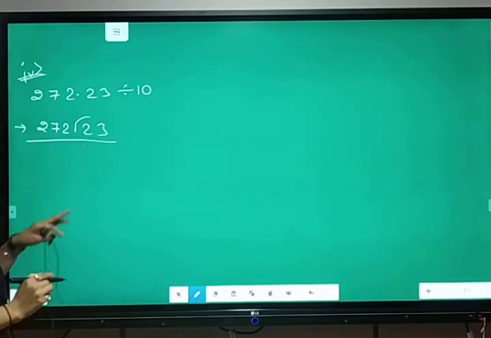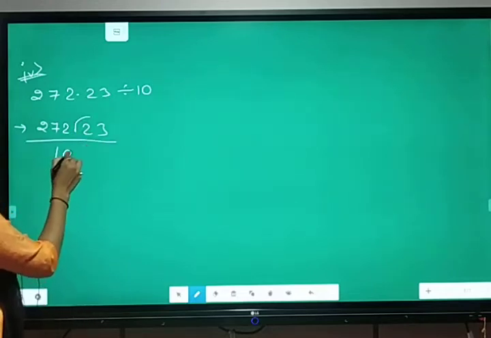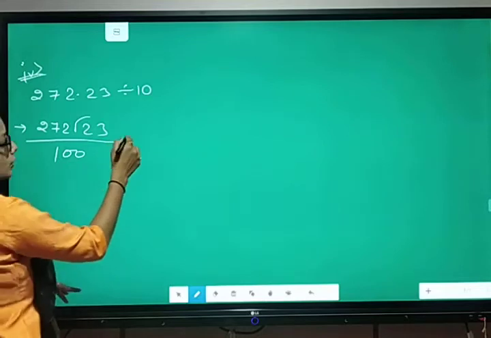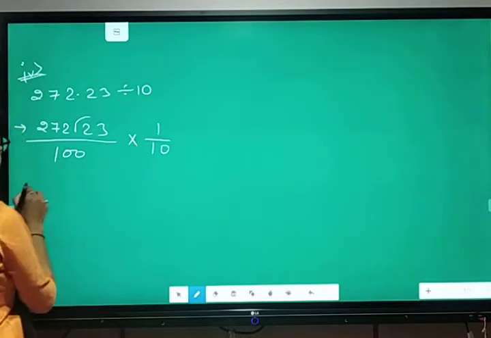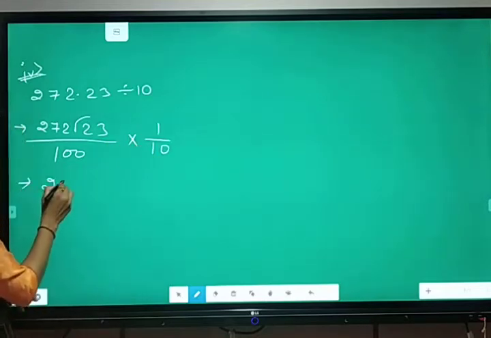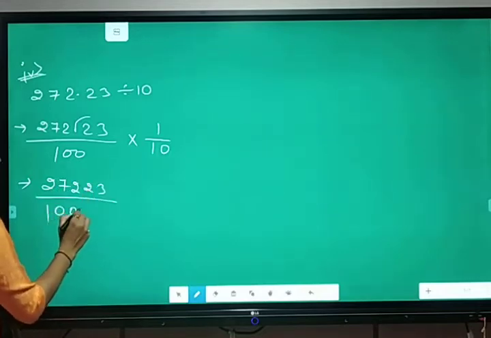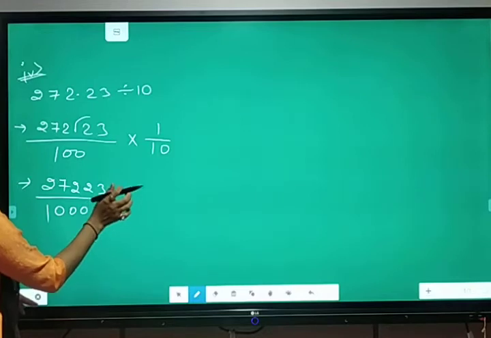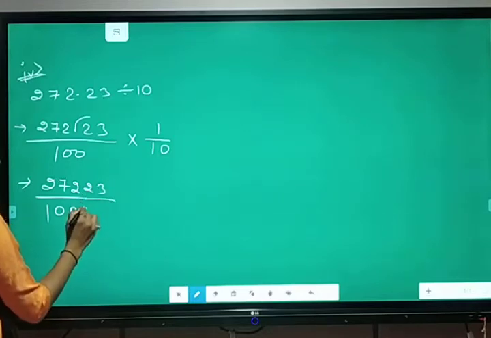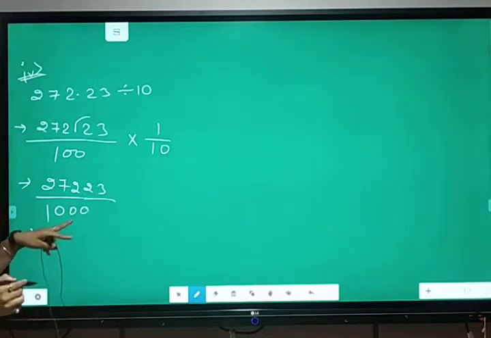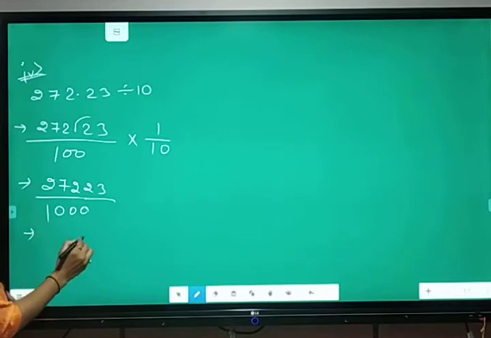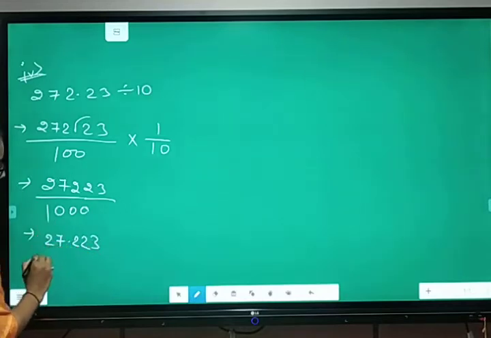There are 2 digits right of the decimal point, so we can write denominator is 100. Reciprocal the second fraction, 1 upon 10. So 27223 upon 1000. Point will be put before 3 digits, so answer is 27.223.